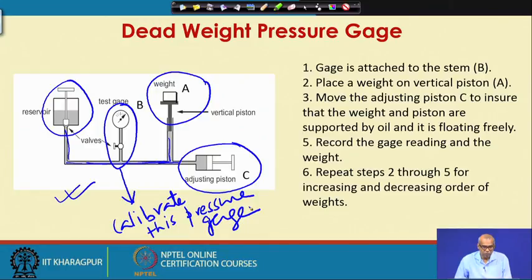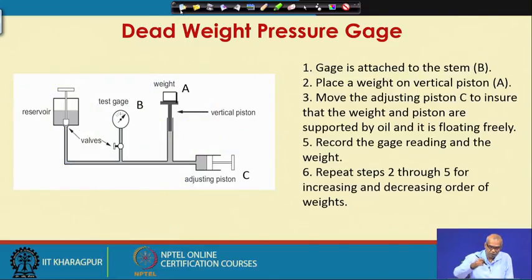So, the steps for calibration of the pressure gauge using deadweight pressure gauge are as follows. Gauge is attached to stem B. Now, we place a suitable weight on the vertical piston.